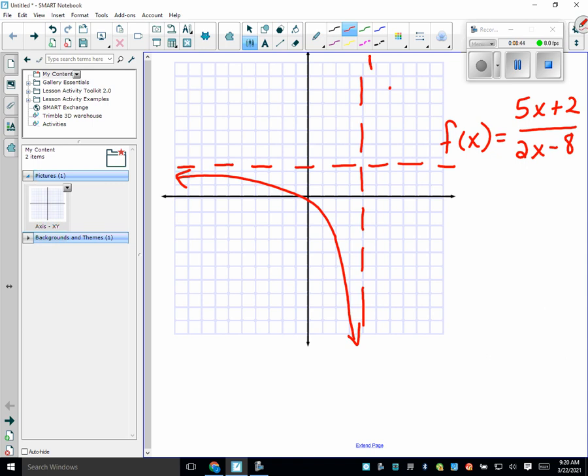Which tells me the graph is going to look like this. Remember, it is a sketch. All right. Let's do a hard one.